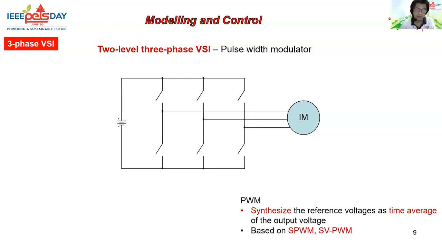Now, the most widely used control technique for the voltage source inverter is to use a pulse width modulator. The most common types of modulator now are space vector pulse width modulation and sinusoidal pulse width modulation, which is based on comparison between the sinusoidal and the control signals.